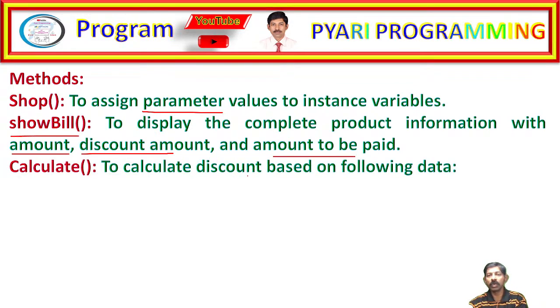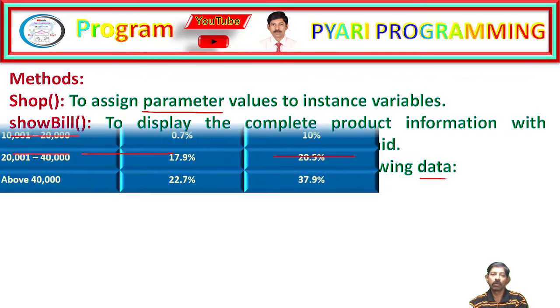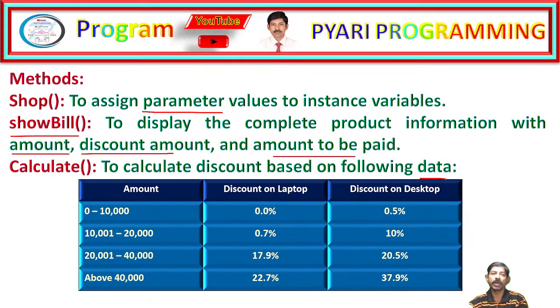To calculate the discount based on the following data, that means kuch condition hai. What is the condition? This is my condition. Now check this condition. I will suggest all of you to write down this condition in your notebook.